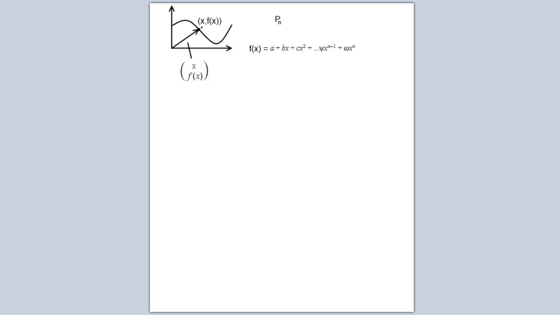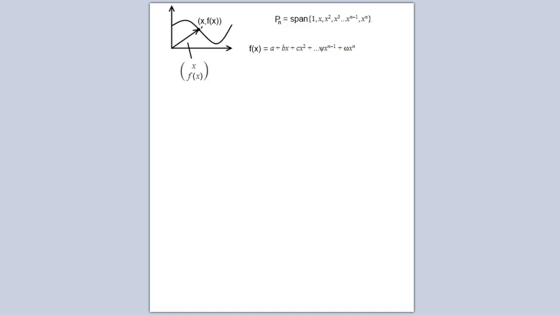Therefore, a general polynomial can be expressed as a linear combination of 1, x, x squared, x cubed, all the way up to x to the n minus 1 and x to the n, so that these define our basis vectors. Again, vector in air quotes, although you can express it as a coordinate vector, which we'll see in a second.